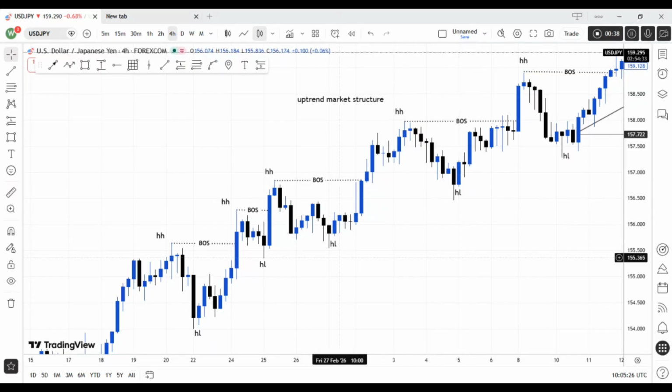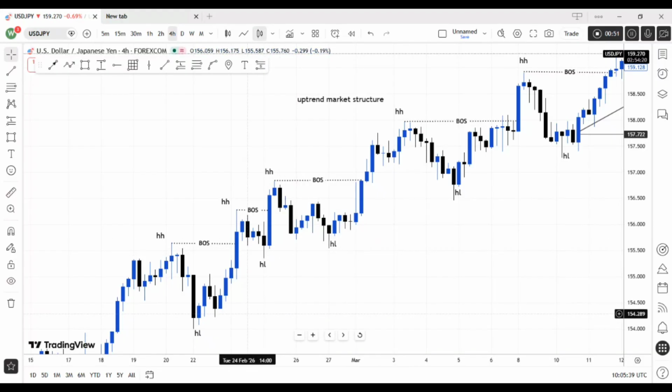So that's how our market structure for an uptrend looks. Here we are more looking for buying opportunities compared to selling opportunities, because the market is moving in an uptrend, where buyers are stronger than the sellers.